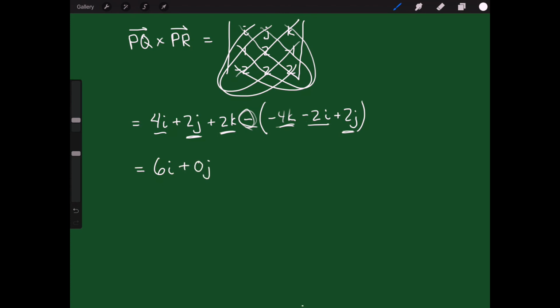And then I get 2k minus minus 4k, which is 6k. Or in other words, I could just write 6i plus 6k. And this vector will be perpendicular to the plane in which PQ and PR both lived. So that's my answer, 6i plus 6k.